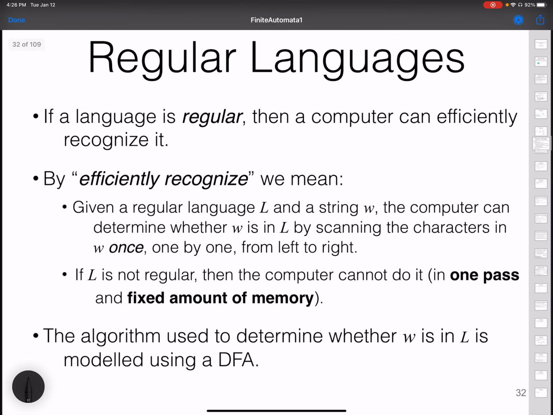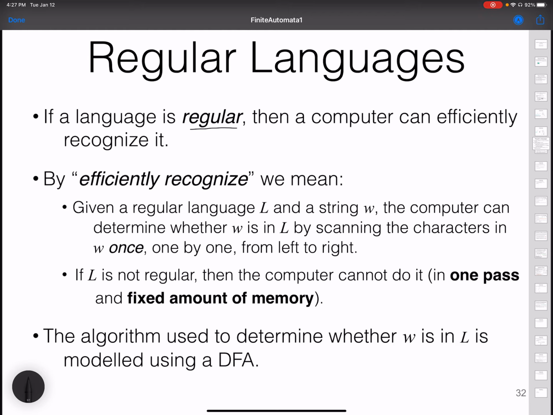One thing that is important about regular languages is that they are the simplest set of problems that we can solve in a computer, and we can solve them efficiently. Here, the term efficient that I'm talking about is an informal definition.